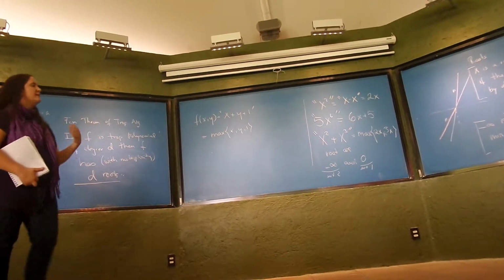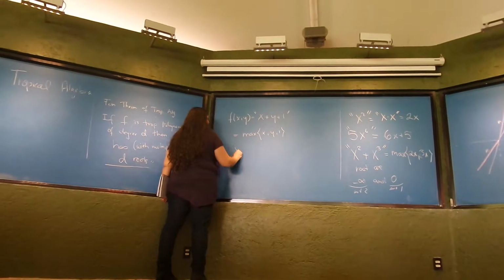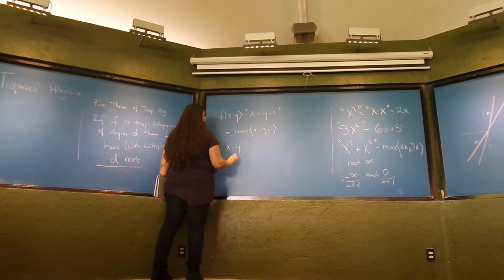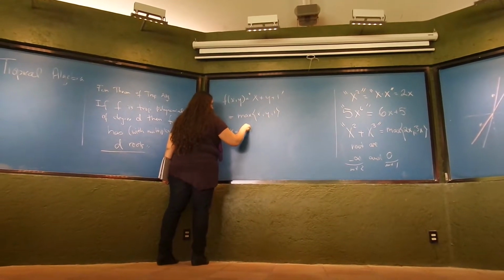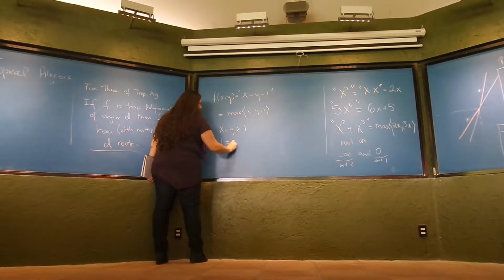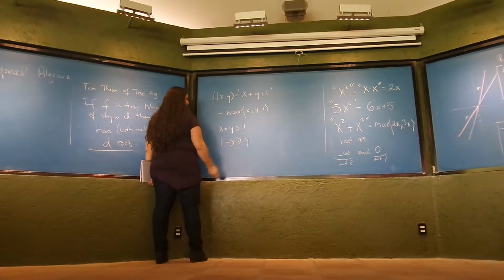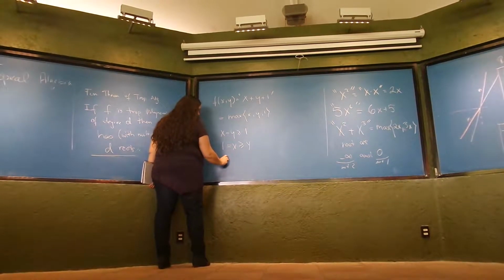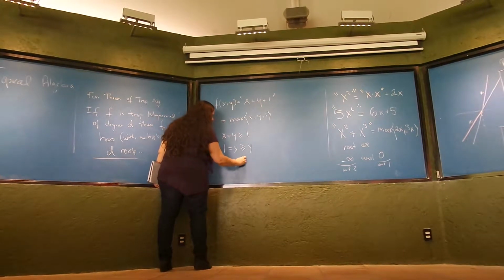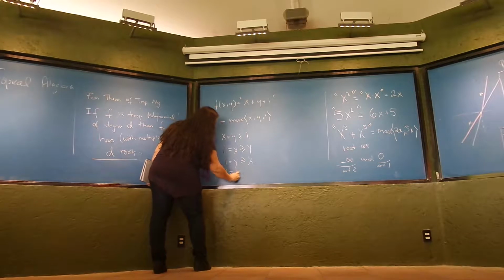Okay, then what is the picture of this? We're going to have three possibilities: x equal to y, and both of them bigger than or equal to 1; 1 equal to x, and both bigger than or equal to y; and 1 equal to y, and both bigger than or equal to x.